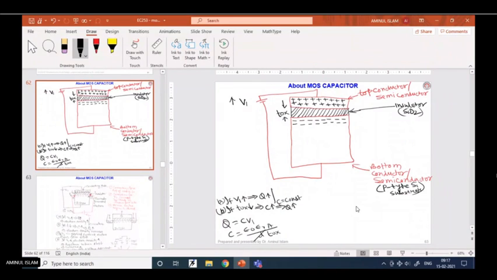Now, in this case, suppose, let me delete a certain portion, I want to clear it.